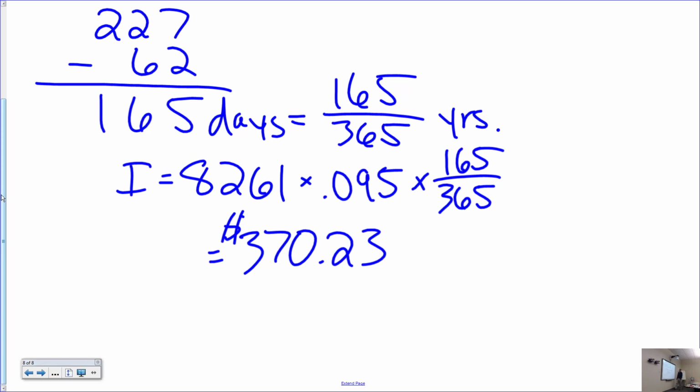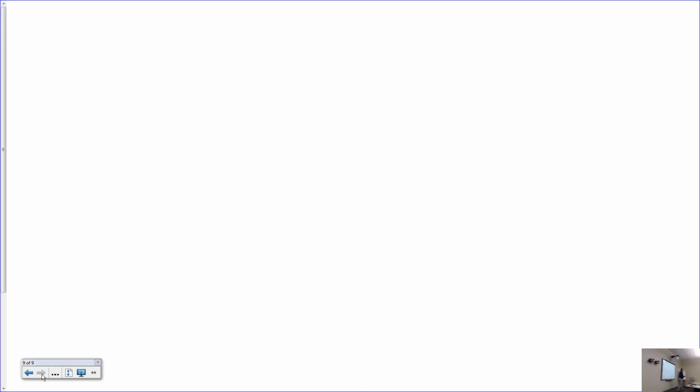So, any questions on the Chapter 12 homework? Well, 8 and 10 kind of messed me up a little bit because it was talking about PV. That's just finding the present value using table 12-3.